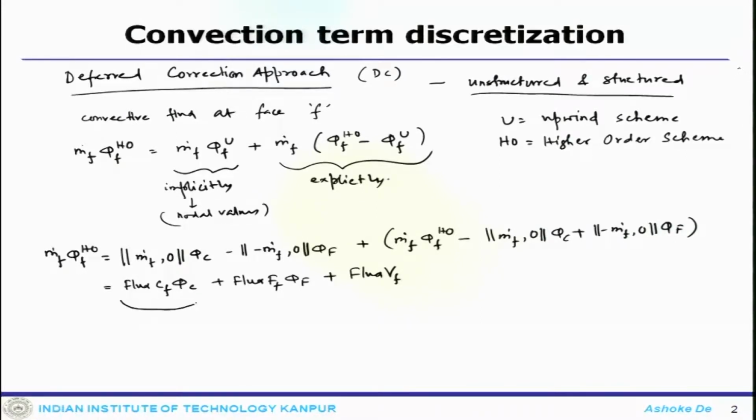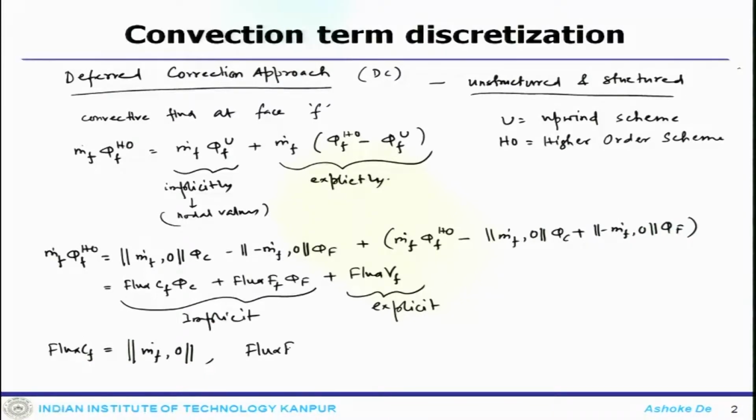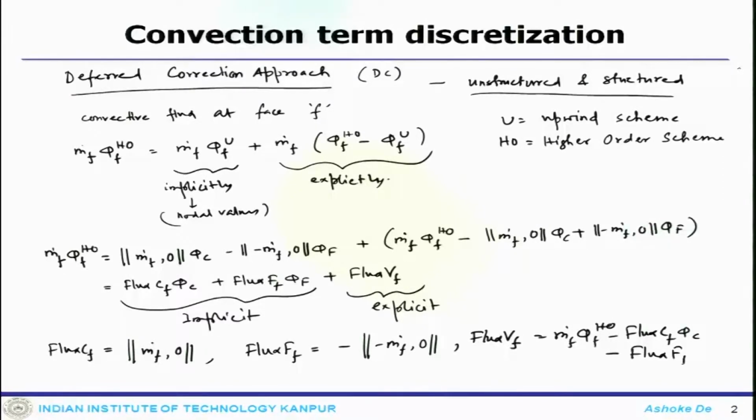So, this term is an implicit term and this is the explicit term, where flux C f is m dot f 0, flux F f is minus m dot f 0, and flux V f is m dot f phi f higher order minus flux C f phi c minus flux F f phi f.